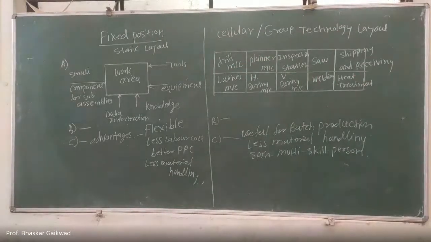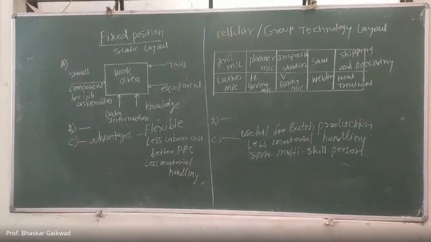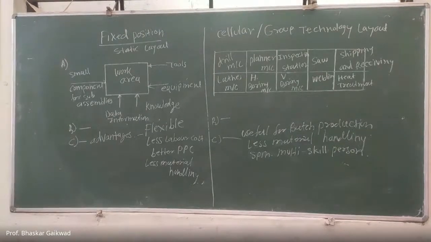The persons working in the shops have multi skills, meaning he can operate drilling machine, planing, boring, heat treatment. So a multi-skilled person may operate more than one machine. One man is there. He must have the knowledge of heat treatment, welding, cutting, inspection.